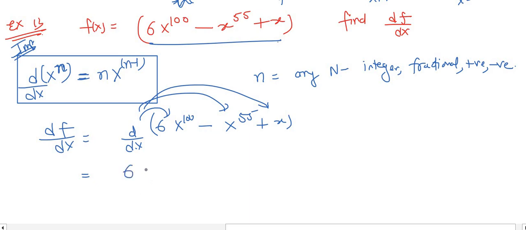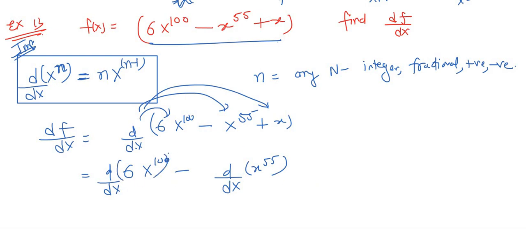So d by dx of 6x raised to power 100 minus d by dx of x raised to power 55, that's how we write it, plus d by dx of x.